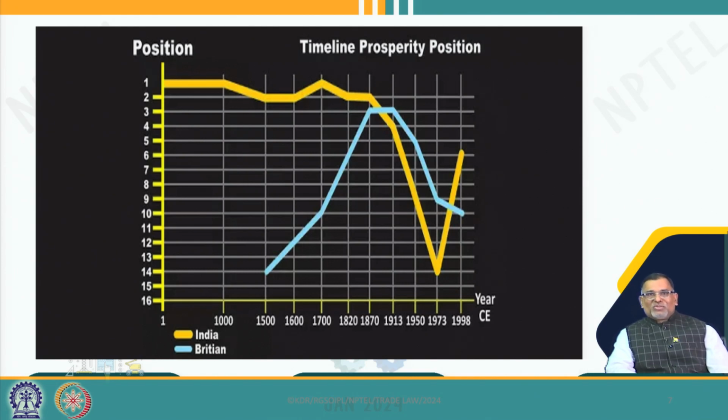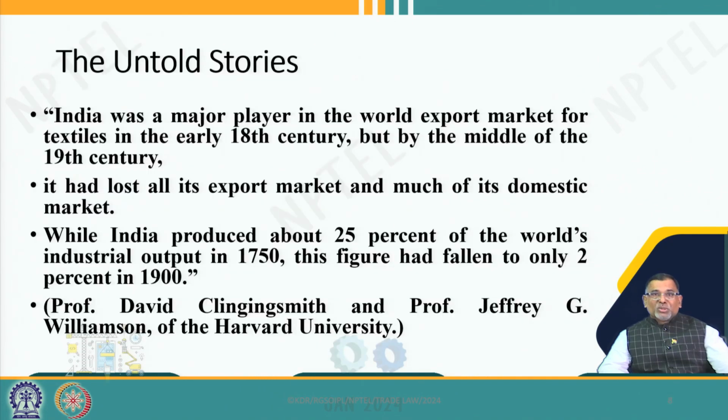It clearly shows year wise how India was one of the richest countries in the world for many centuries, and how prosperity came down during the colonized period. All this data shows that India was a rich country for centuries and centuries.